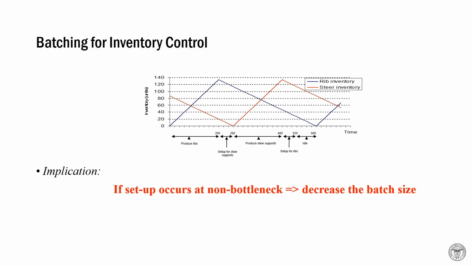This approach helps to avoid overproduction and unnecessary inventory buildup at these stages, which can lead to increased costs and inefficiencies. On the other hand, if the setup occurs at the bottleneck stage, our strategy should be to increase the batch size. This helps to maximize the utilization of the bottleneck resource and maintain a steady flow of output, thereby increasing the overall efficiency of our operations.